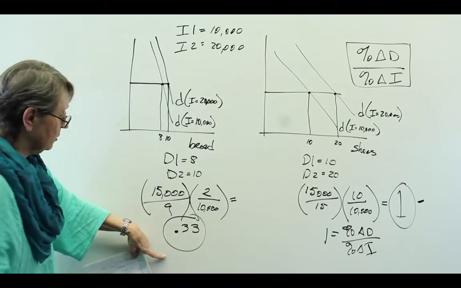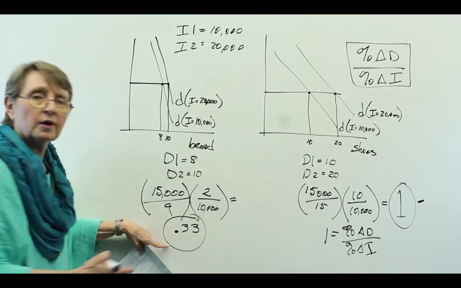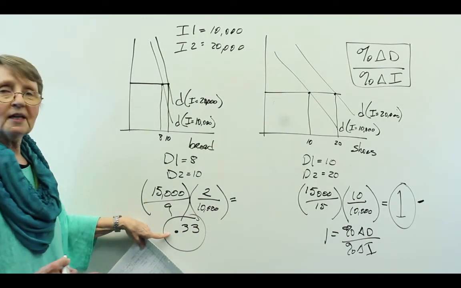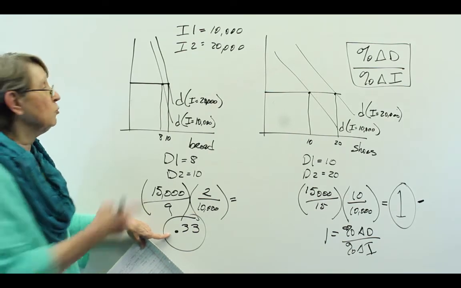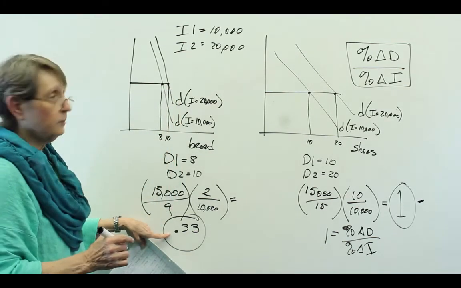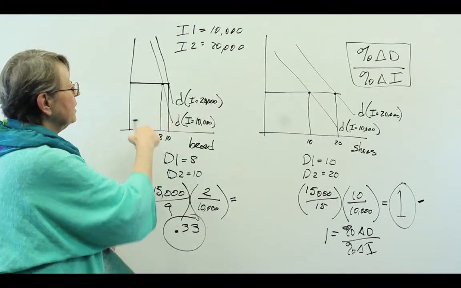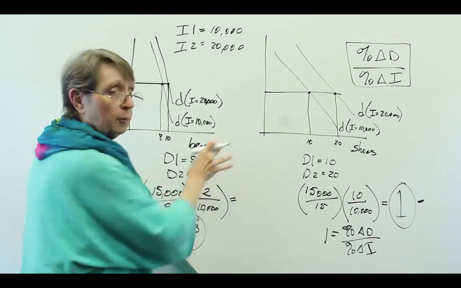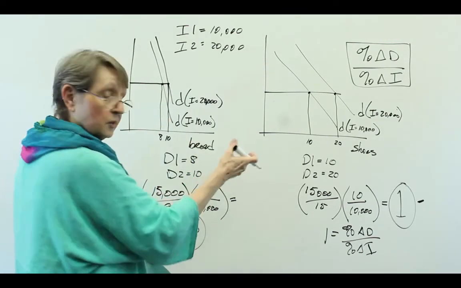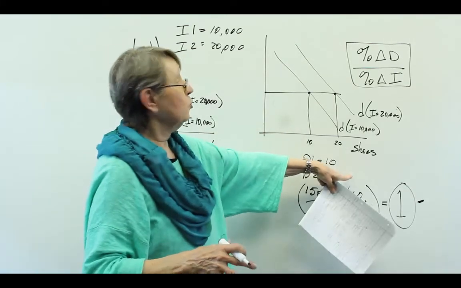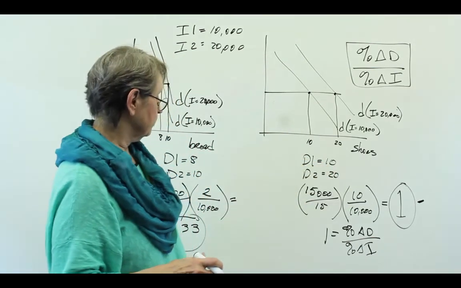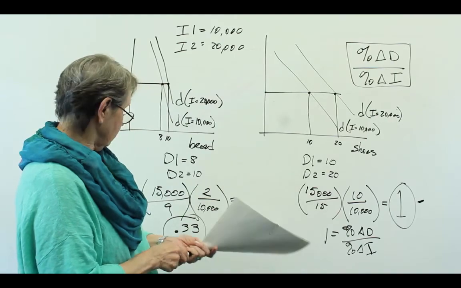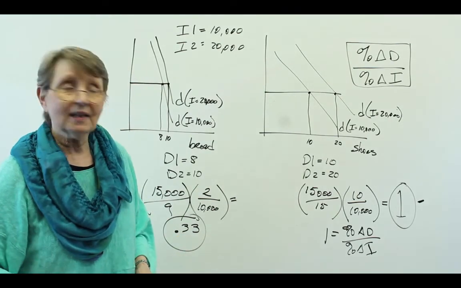This says a 1% increase in income will lead to a 0.33% increase in demand. So we're not going to see as big an increase in demand for bread, given the same increase in income, as we would for shoes. So this is a measure of income elasticity.